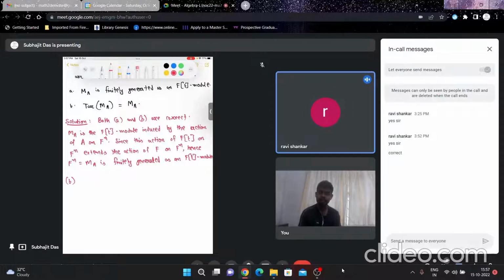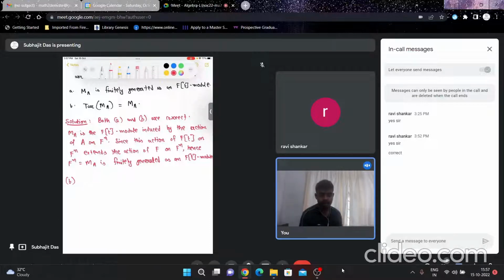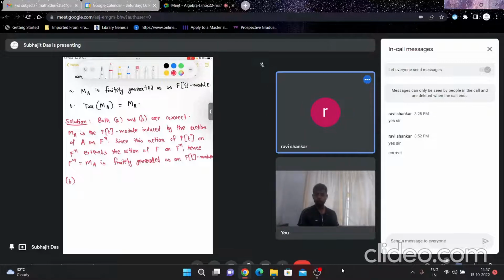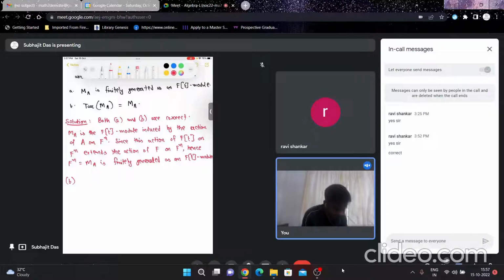So can you give me an example of a scalar which, I mean we are claiming something more here, right? Not just the fact that if you take an element from M_A, it will be annihilated by some non-zero element of F[t]. What I am saying is there is some non-zero element of F[t] which actually annihilates every element of M_A.